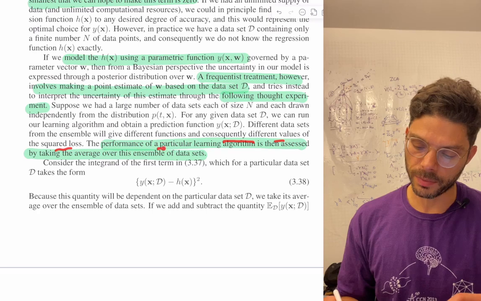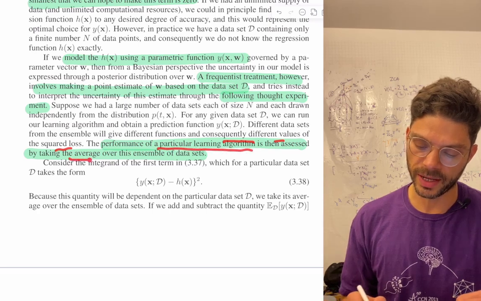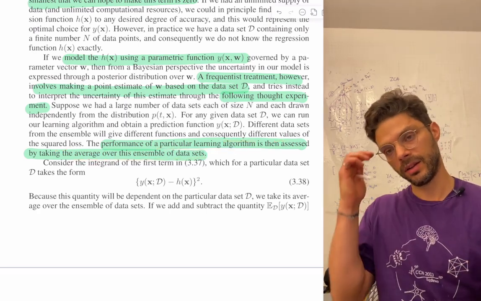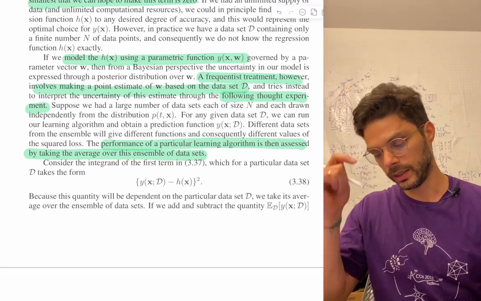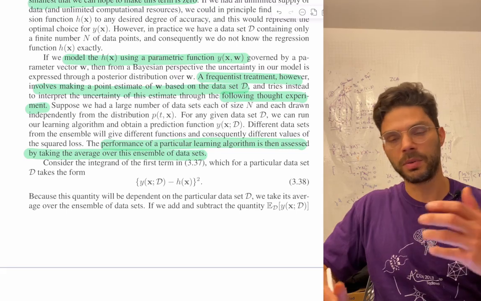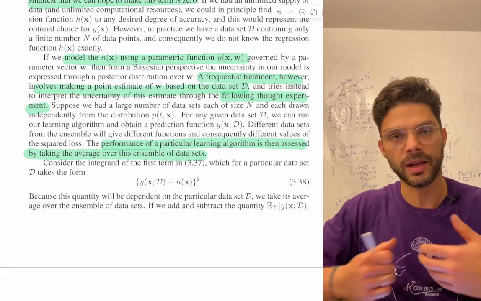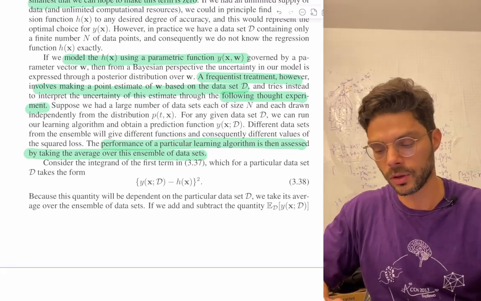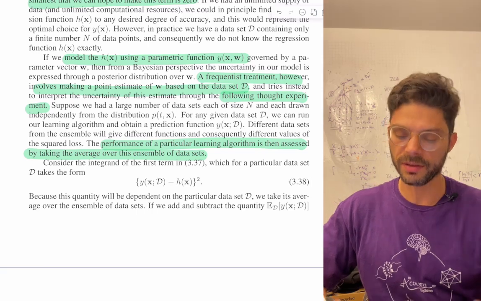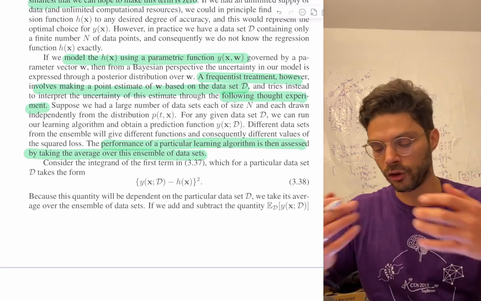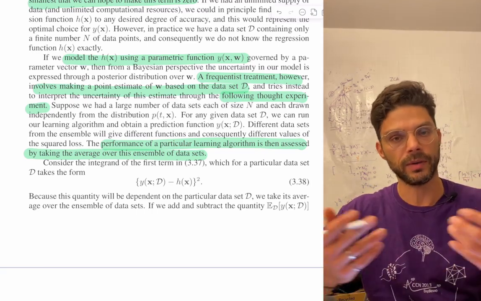The performance of a particular learning algorithm is then assessed by taking the average over the ensemble of data sets. So the idea is we're just going to repeat this procedure over and over again for the different data sets, compute our performance on each, and then average over all the data sets. This is going to give us an interesting interpretation of what happens with our model complexity.